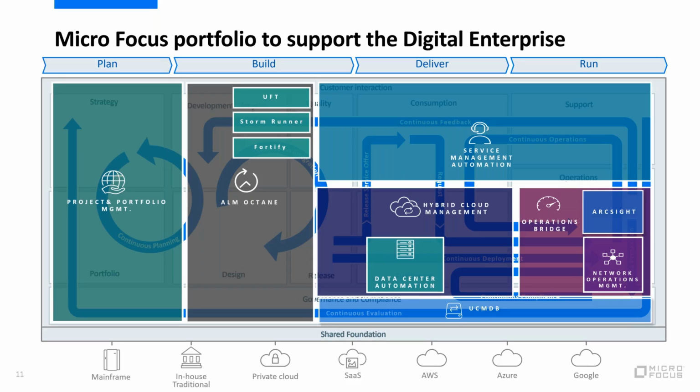Jacques talked about Service Management Automation version X, how it integrates with hybrid cloud management, data center automation, and Operations Bridge. But there are also the more specialized products around network operations. There is the underpinning UCMDB that ties it together. And then you can complement it on the security side at the operations end of this picture with the ArcSight portfolio.